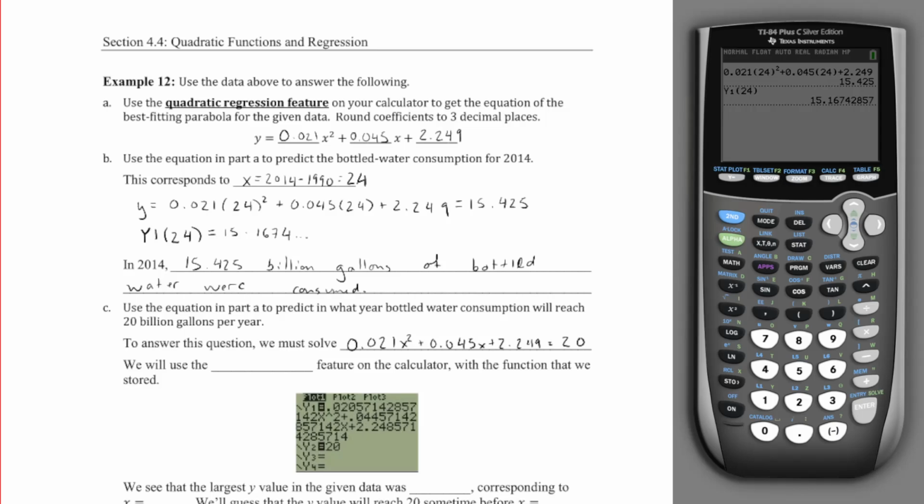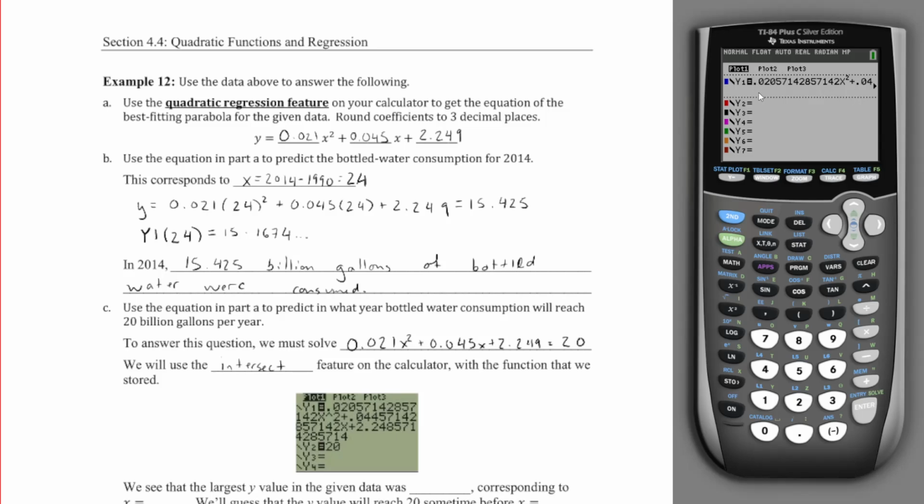And definitely I want to use the calculator for this. We'll use the intersect feature on the calculator for this.